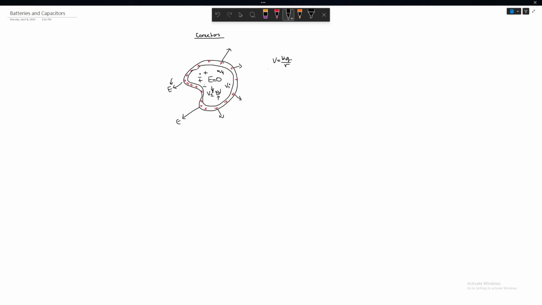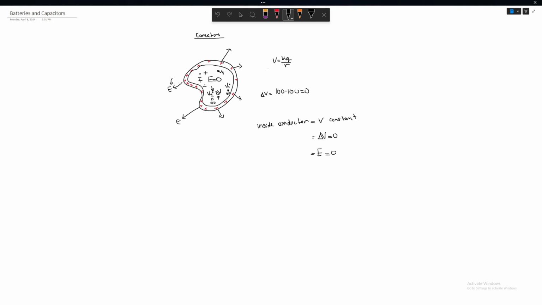That means the difference between 2 points, well, if this was, let's say, 100, and this was 100, then the difference between the two is 0. And so that is true. So a couple things. Inside a conductor, our voltage is constant everywhere. Our potential difference is 0. And our electric field is 0.